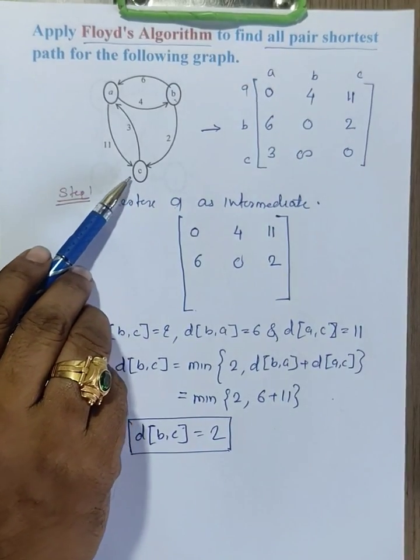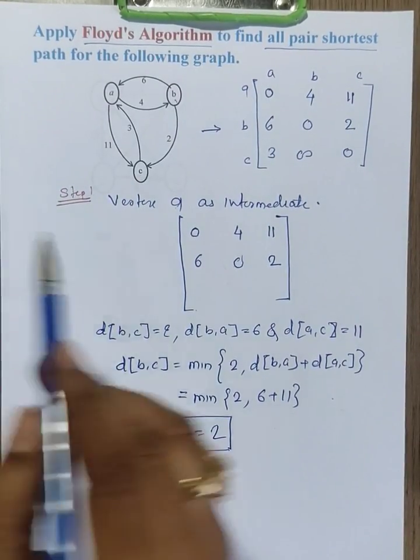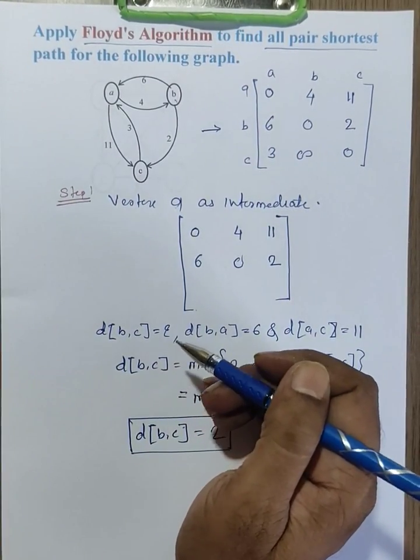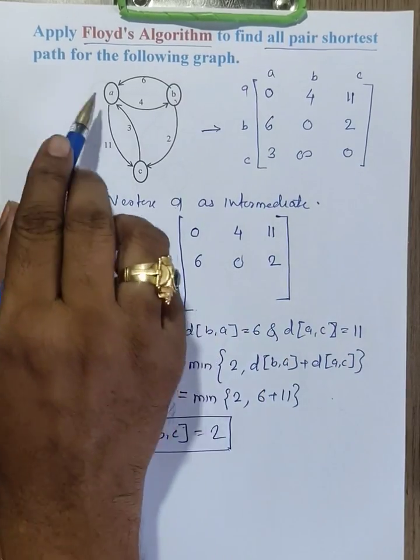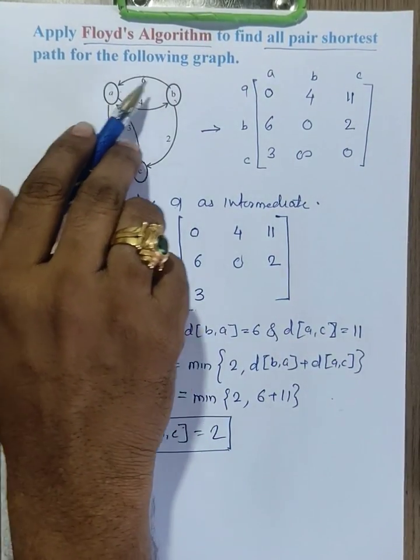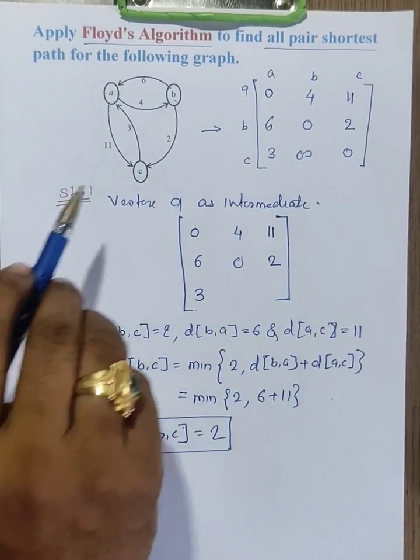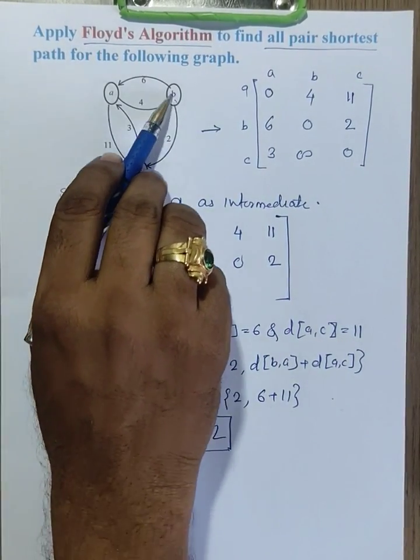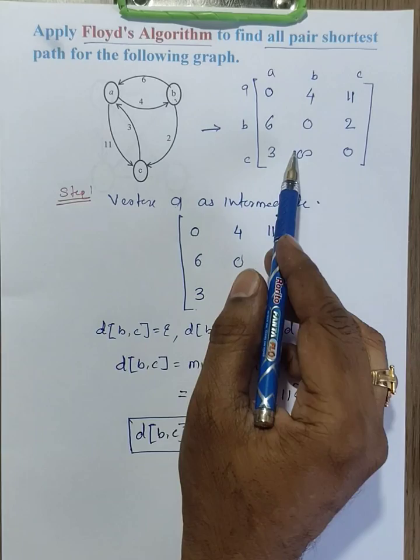Next, C. C to A edge is there. Means maybe this row we can get different values. Here C to A direct is 3. Means A is intermediate. C to A to B edge is there, right? Here we have to find C to B. Previous C to B is infinity.